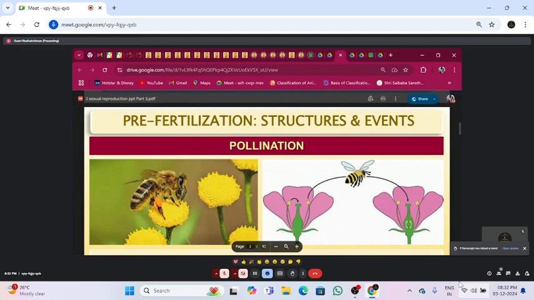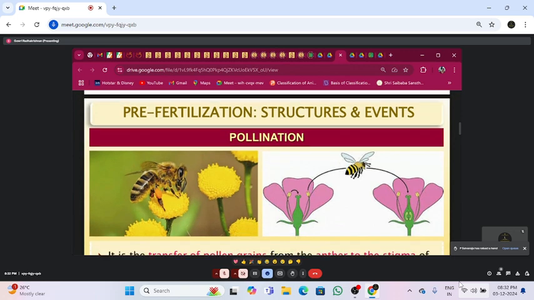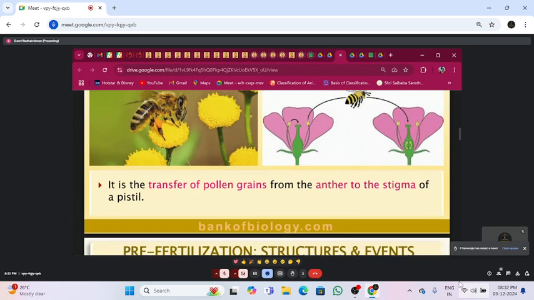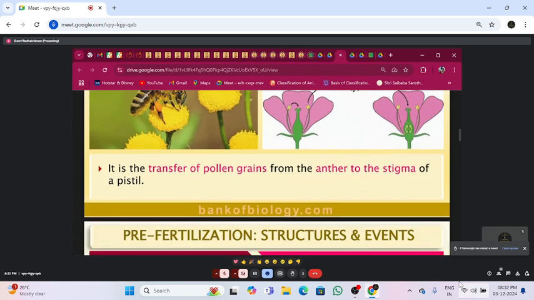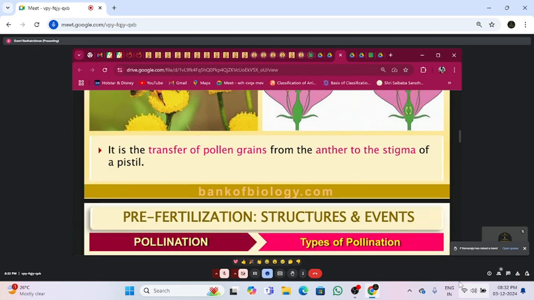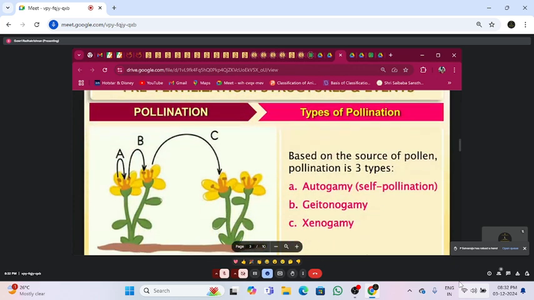Now with this, pollination. There are different types of pollination. Basically, transferring the pollen grains from the anther to the stigma of the pistil is pollination. That you all know. There are three types of pollination. First is autogamy. What is autogamy?